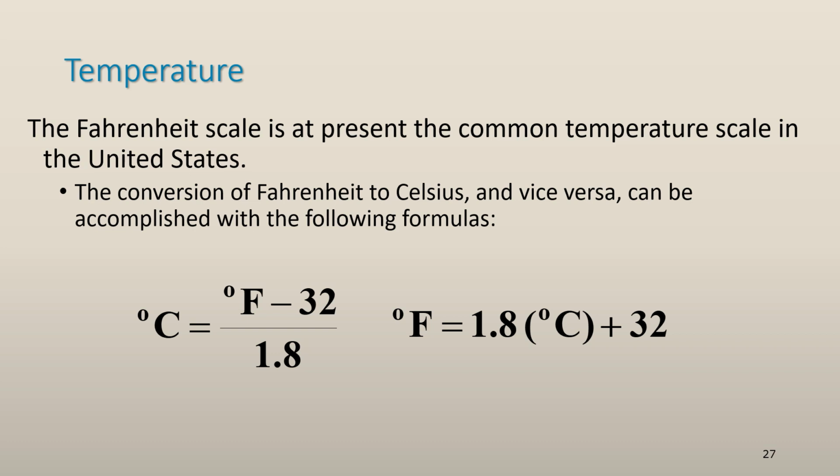Or if you want Fahrenheit, you take the Celsius, multiply by 1.8, and then add 32. So let's say right now in my office it's 75 degrees Fahrenheit. I would take 75 minus 32, which gives me 43, so 43 divided by 1.8, and that would be 24 degrees Celsius.